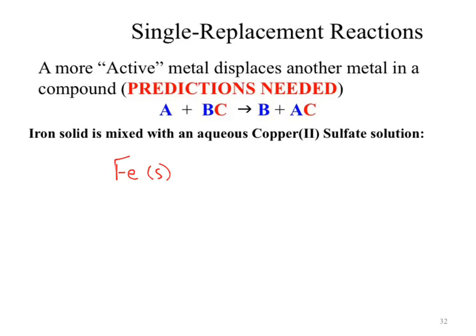Phase solid is mixed with plus aqueous copper 2 sulfate, symbol for copper. Cu, symbol for sulfate. Fine, just laugh at me and not tell me what the answer was. SO4. Do we know the phase? We know it is aqueous. Okay.